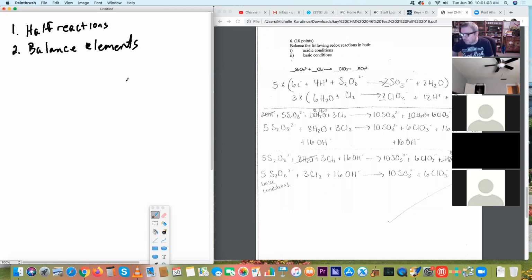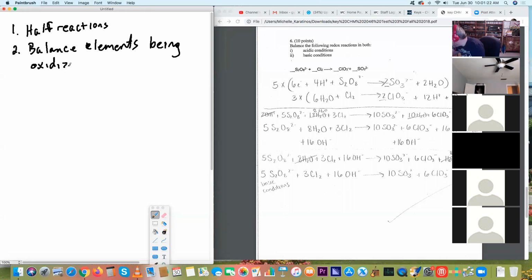Actually, I might put these on so you can hear me a bit better. There we go. What we're talking about here are the elements that usually are not hydrogen and oxygen. So not H or O here.